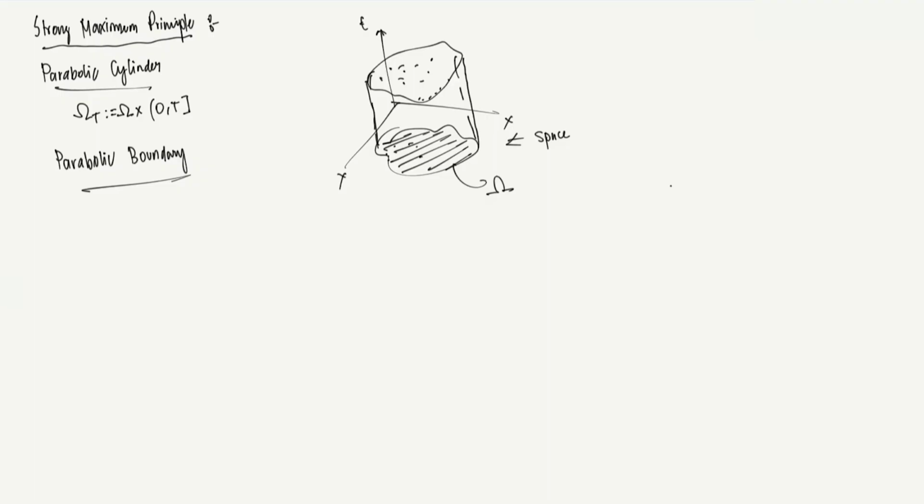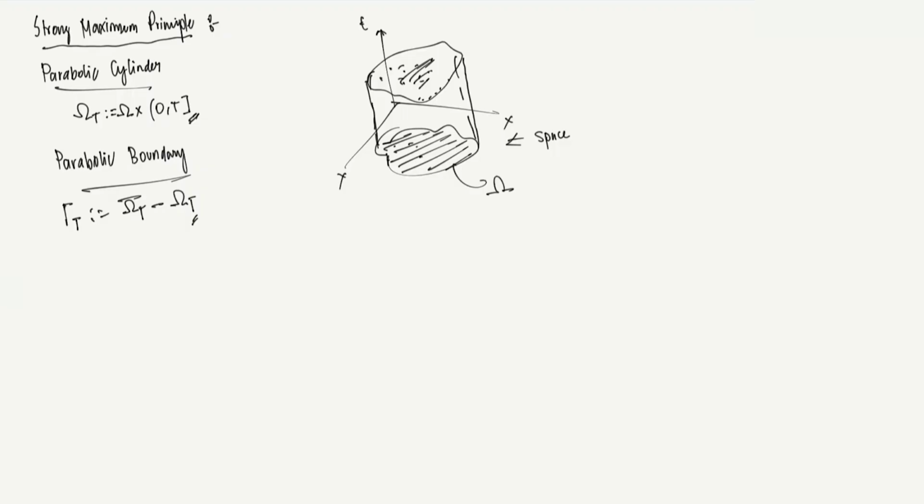Okay, so what is the parabolic boundary? The parabolic boundary is given by gamma t, which is defined as omega t bar minus omega t. Omega t bar is the whole cylinder, so basically the top, the bottom, the boundary, everything, minus omega t. So this does not contain the top cap, and it does not contain whatever is the interior.